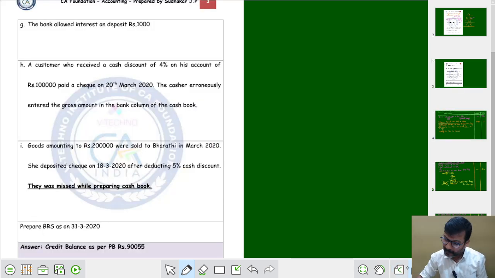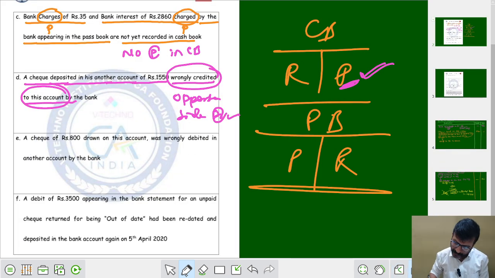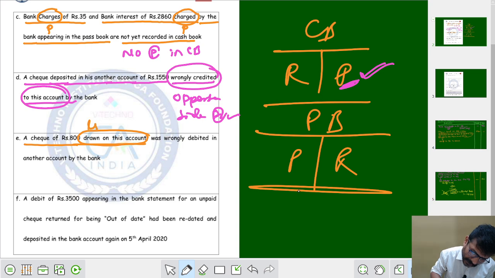A very big problem. Repeatedly I am telling you. A check of rupees 800 drawn on this account. My dear kids, drawn means issued. Issued means payment. So on this particular account, the check is issued, the payment is made.